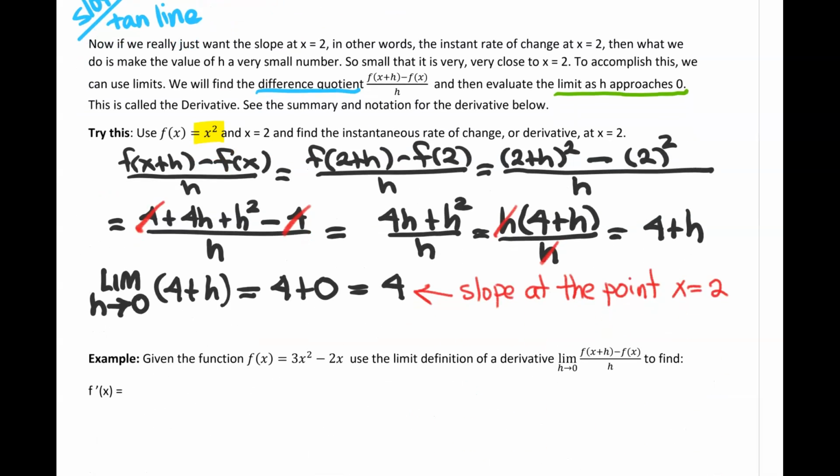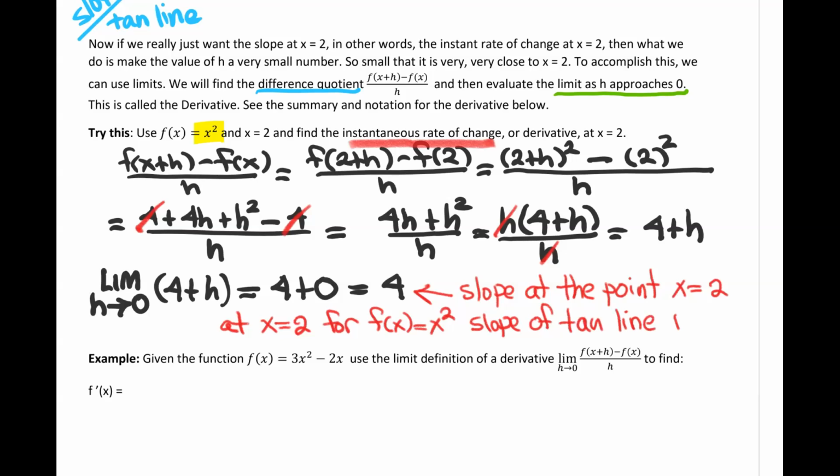So this is called our instantaneous rate of change, better known as the derivative at x equals 2. So at x equals 2, for the function f of x equals x squared, the slope of the tangent is 2.